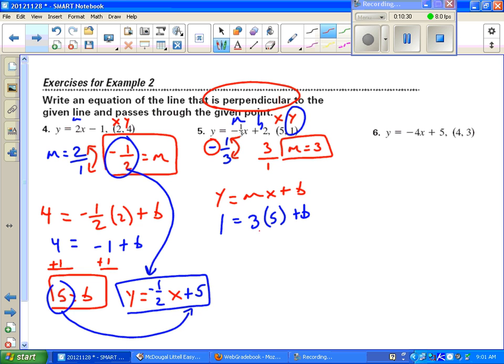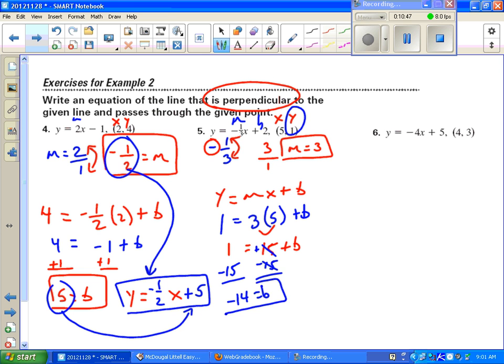And 3 times 5 is 15 plus b. Then get rid of that positive 15 by subtracting 15. And 1 minus 15 is a negative 14 equals b.